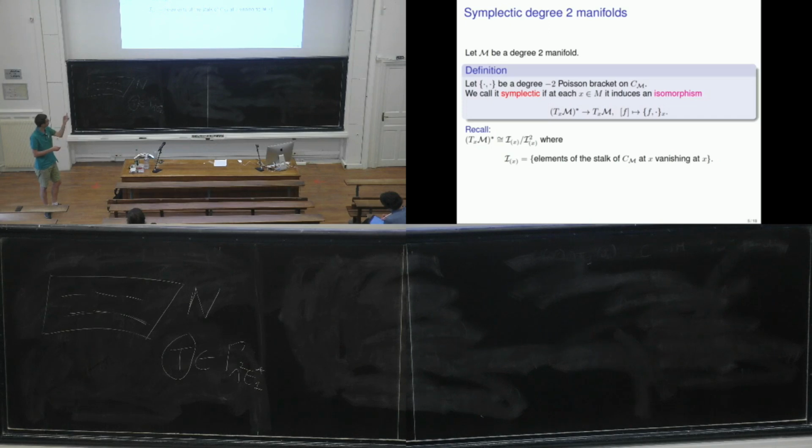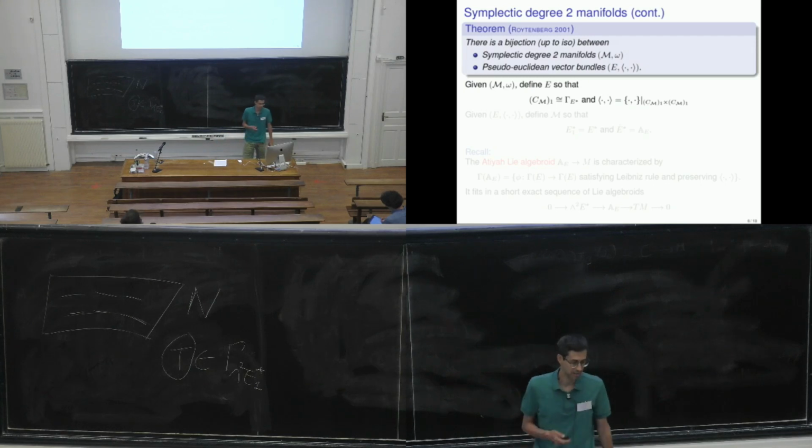When that map defines an isomorphism, we say that the Poisson bracket is non-degenerate, and we talk about a symplectic graded manifold. The notation is as at the beginning, so I is basically the vanishing ideal, just at the level of stalks here.